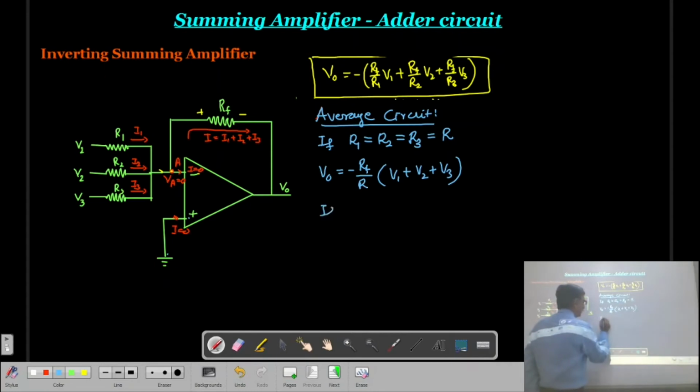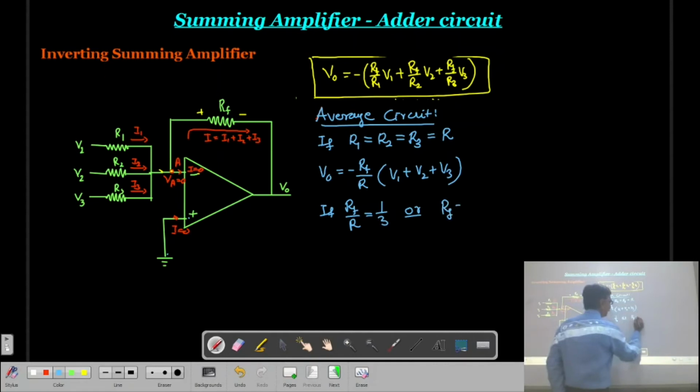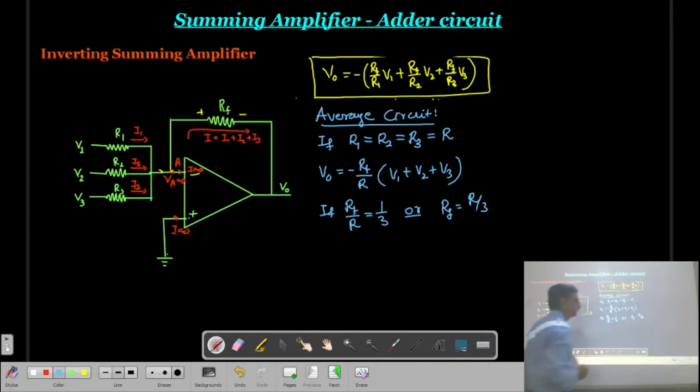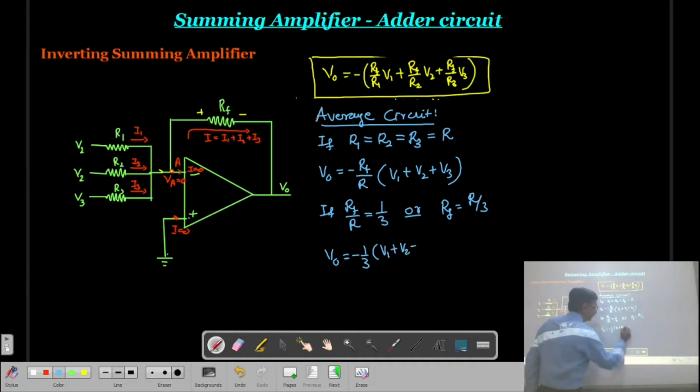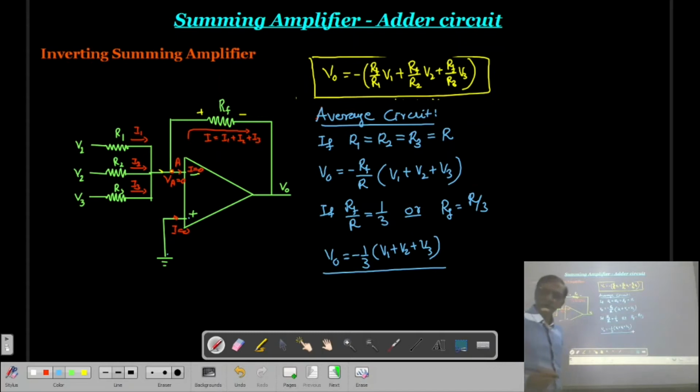So if RF by R is equal to 1 by 3, or you can say RF is equal to R by 3, then I can write that the output voltage is equal to minus 1 by 3 into V1 plus V2 plus V3. So this is the expression for the average of these 3 different voltages.